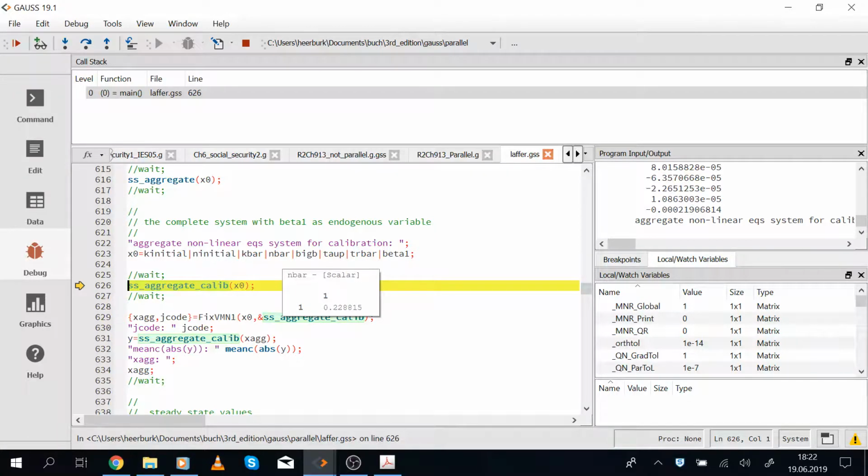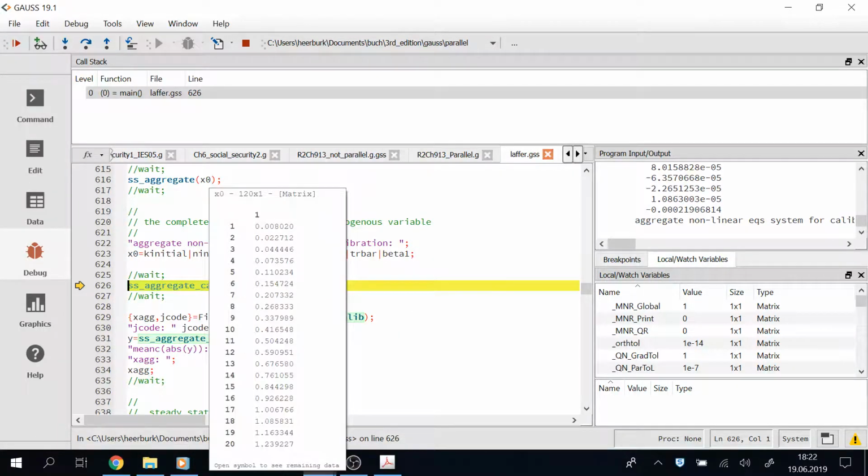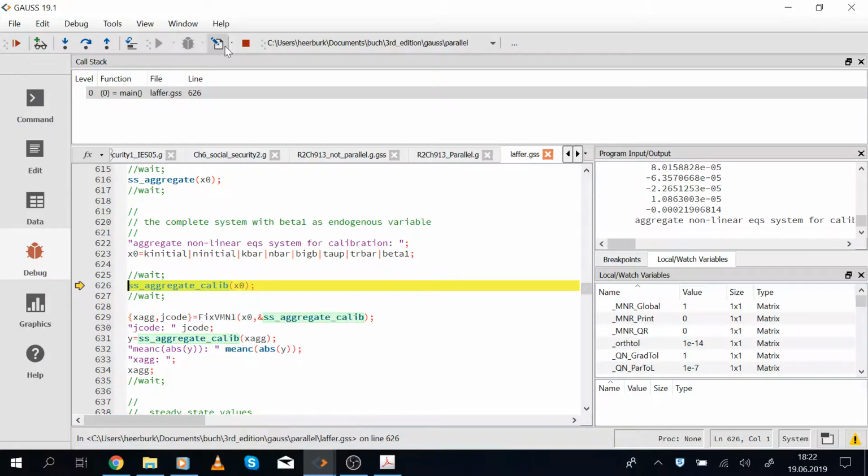Aggregate labor, which is equal to 0.2288 in the model with endogenous labor supply. Our value for total debt, 0.23, our value for the social contribution rate, for transfers, and for our initial value for beta, 1.039626. And now let's step with this guess into the procedure SS aggregate calib.